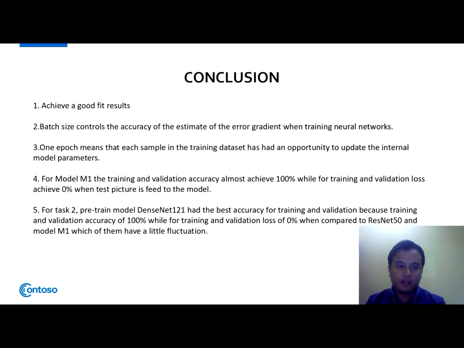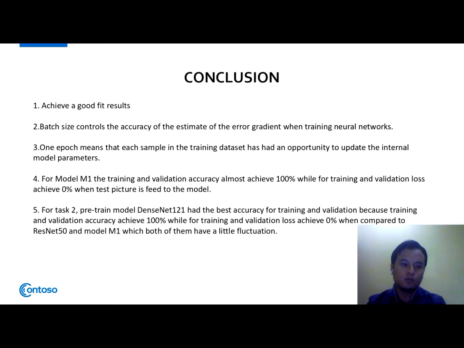For model M1, the training and validation accuracy almost achieved 100%, while the training and validation loss achieved 0% when the test picture is fed to the model. This proves that M1 can differentiate the pictures.